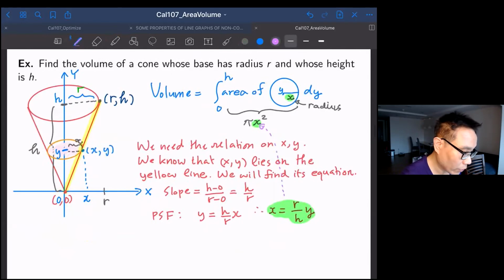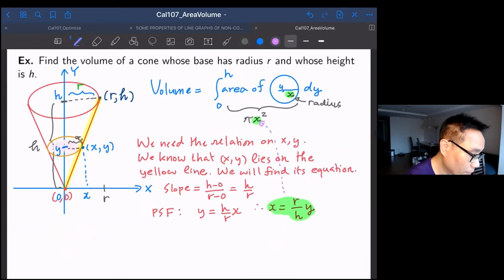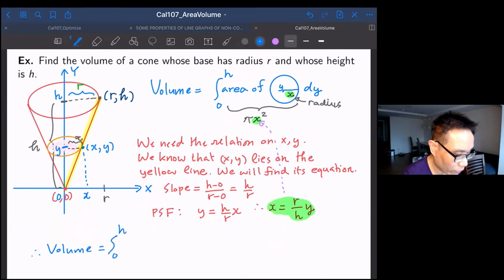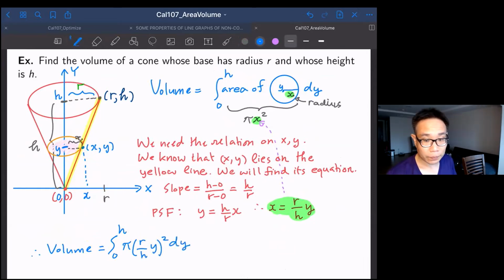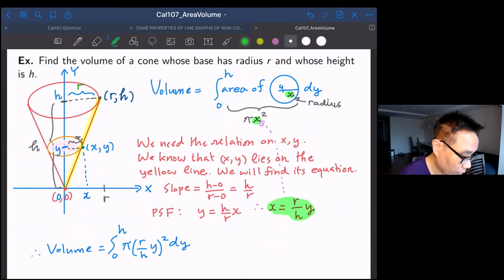So you're going to have the volume equal to the integral from 0 to h of pi times (r over h times y) squared dy. This will give you the volume, and this green expression is what I just put in the place of x.